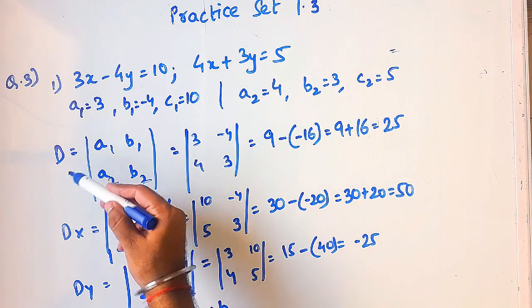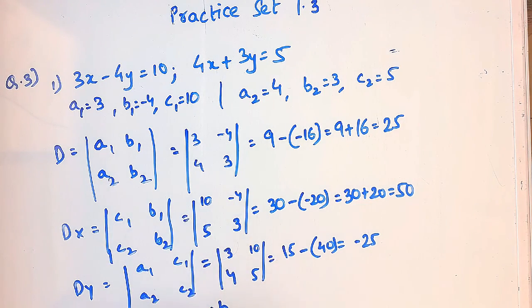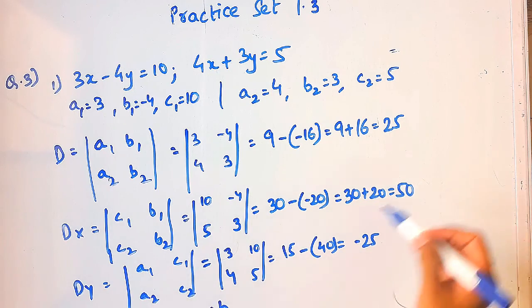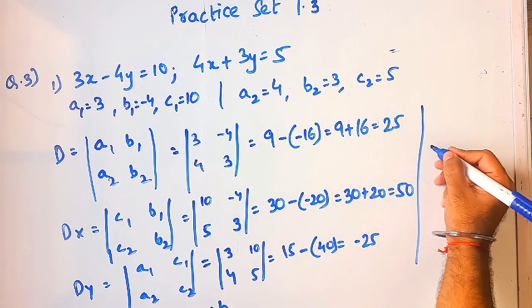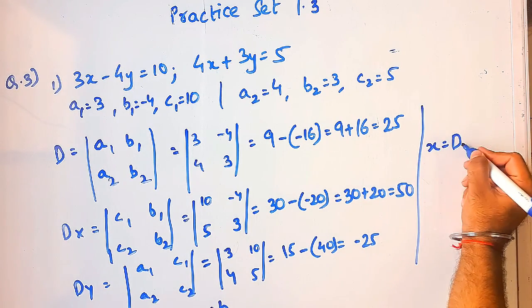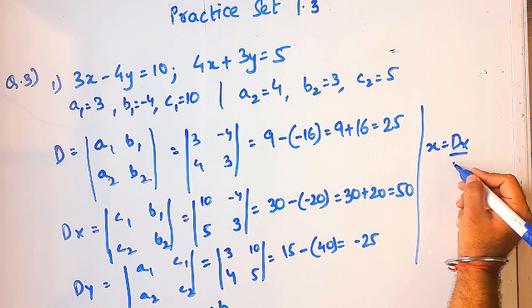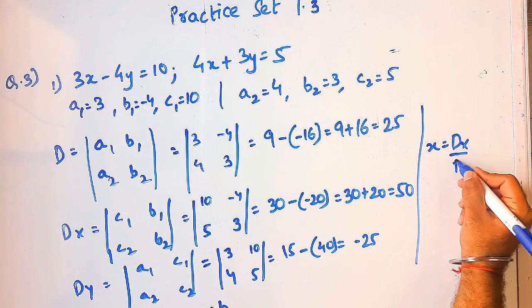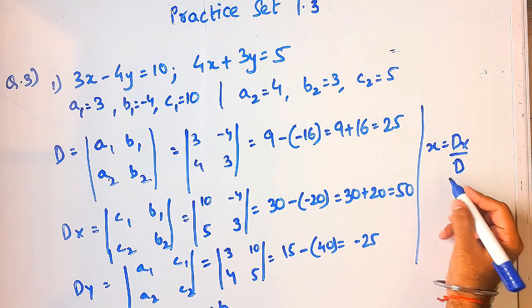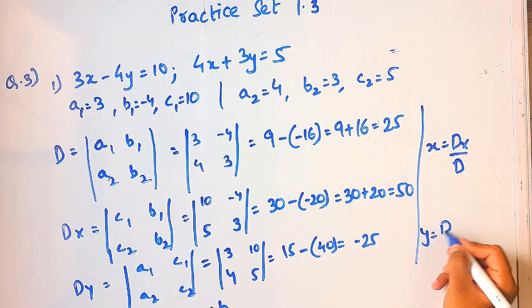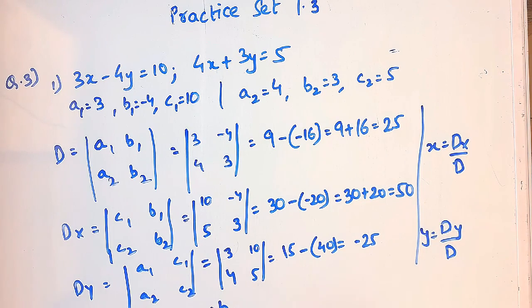This is for D. This is for DX. This is for DY. This is the sequence, and the last formula is for finding X and Y. X is equal to dx upon d, and y is equal to dy upon d.